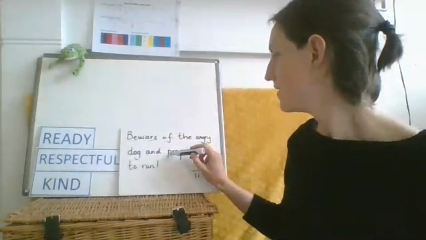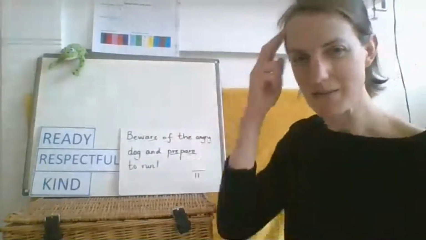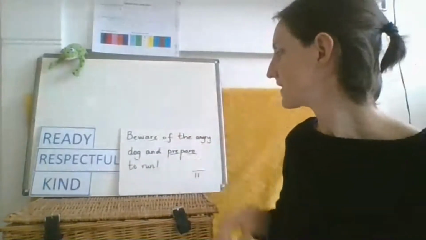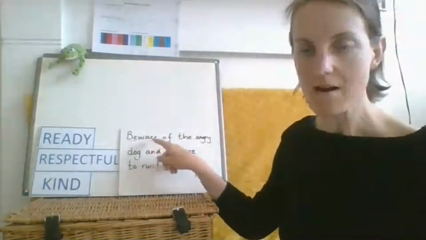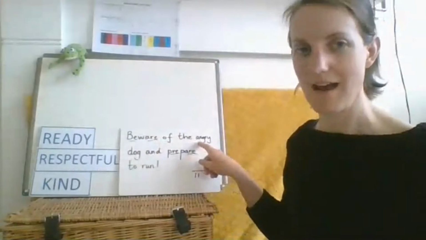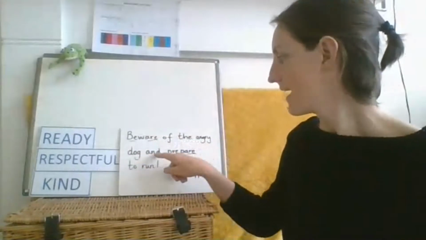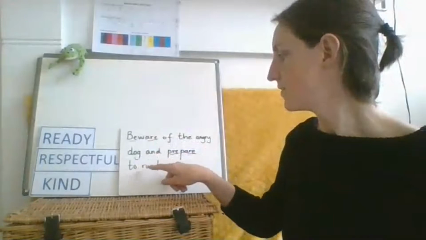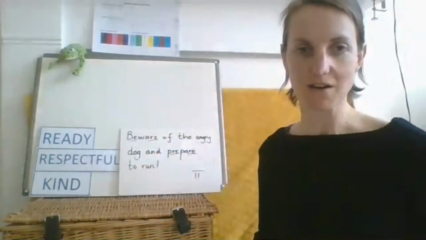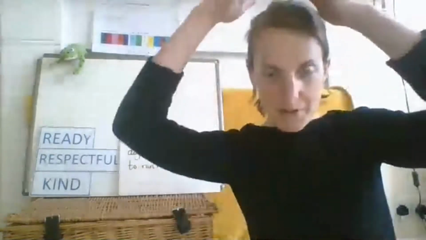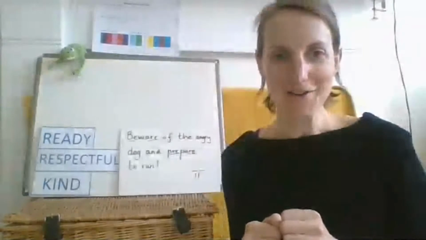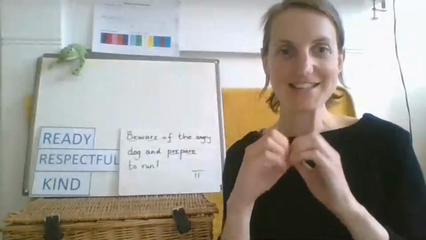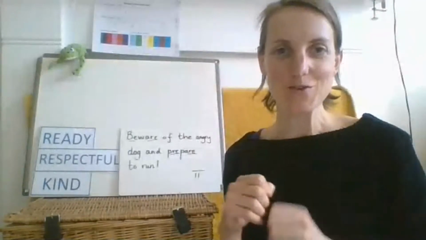Be and pre. That's a good way to remember those. Let's look again. Beware of the angry dog and prepare to run. Let's do it with punctuation kung fu. Beware of the angry dog and prepare to run.